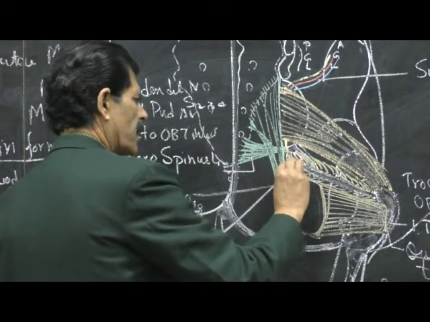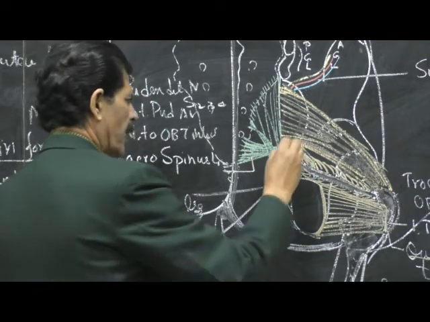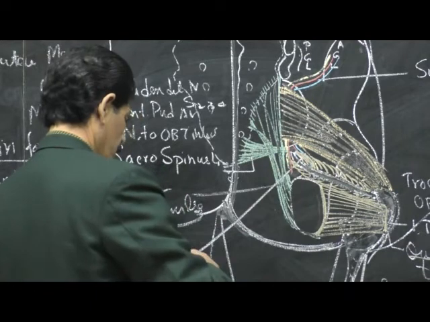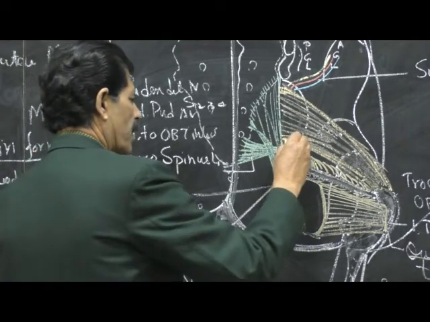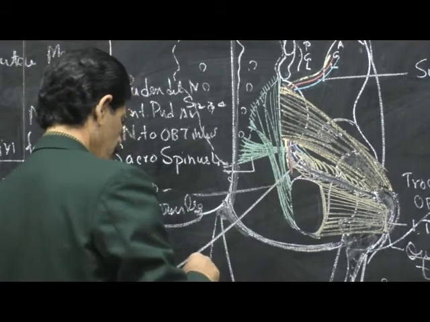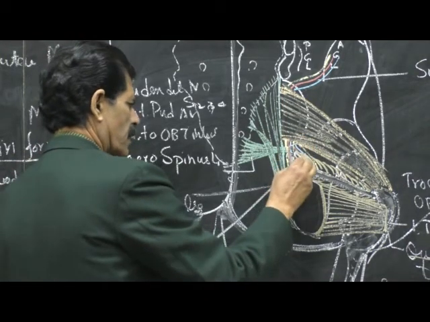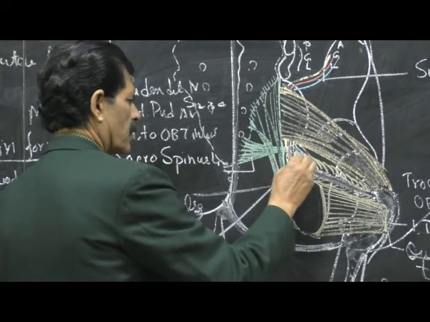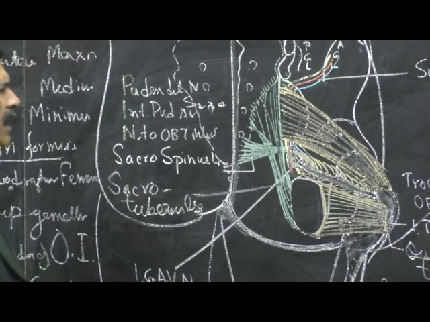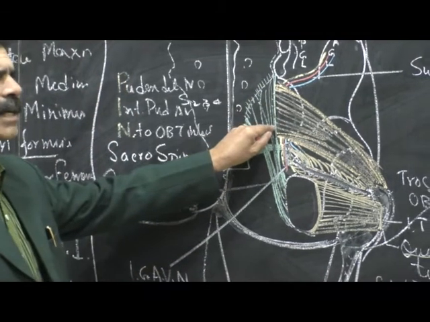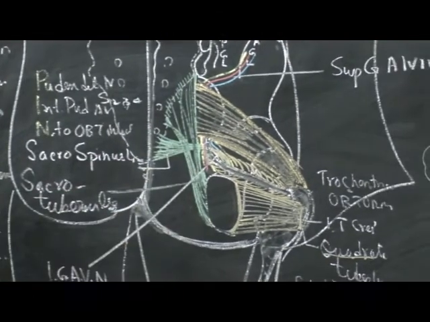One is the pudendal nerve, then internal pudendal artery and internal pudendal vein, and lastly the nerve to obturator internus. So these are the structures coming from the greater sciatic foramen and entering into the lesser sciatic foramen.